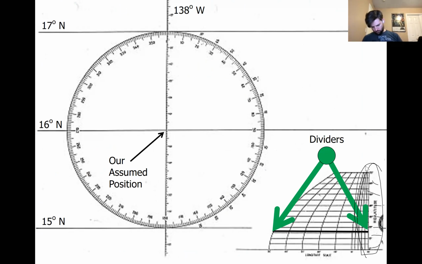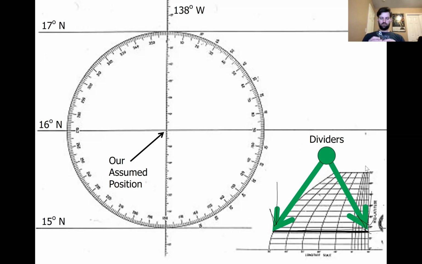So if we're at 16, we want to take our dividers. This green arrow is my poor attempt at drawing dividers using my PowerPoint drawing tools. We're going to put one point of the divider right here, and the other point right here at the height that corresponds to 16 degrees.